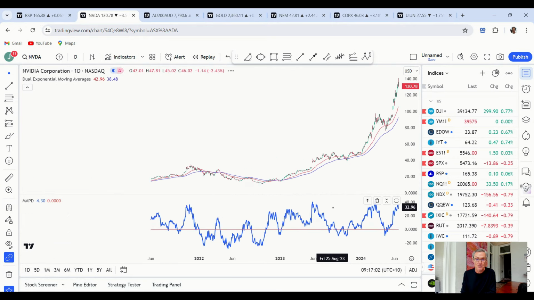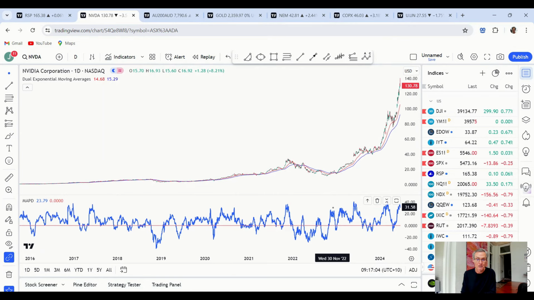If we compress this over a bit of time and run your eye along here, you'll see 40% is about as far as NVIDIA gets before it does start to pull back towards that moving average. Sometimes this state of overbought can be relieved just by the stock going sideways and the moving average catching up. More often than not, it does involve some sort of a pullback in the price action.